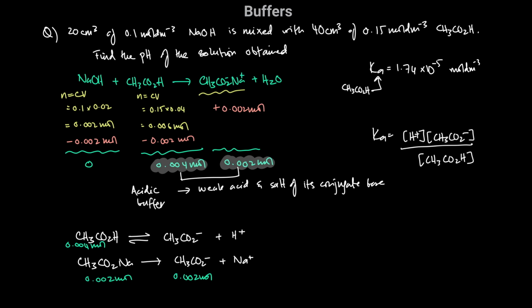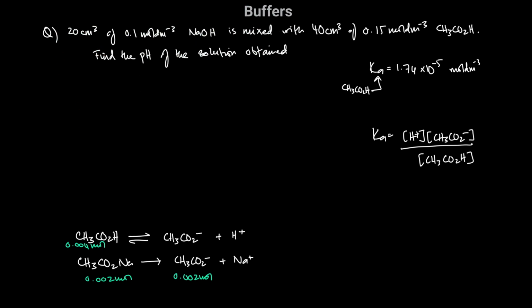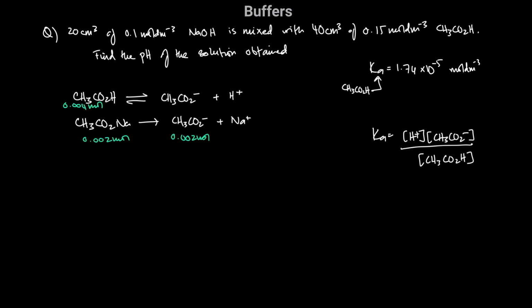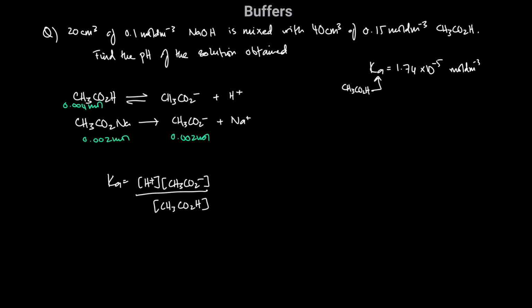So what we want to do now is calculate the pH of this buffer solution. We have an acidic buffer and we want to calculate its pH. We have the expression for Ka. But here, because we have a weak acid and a salt of its conjugate base, we know that the weak acid ionizes partially, whereas the salt ionizes completely.